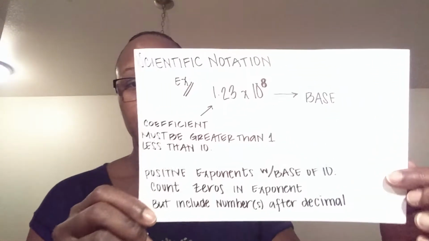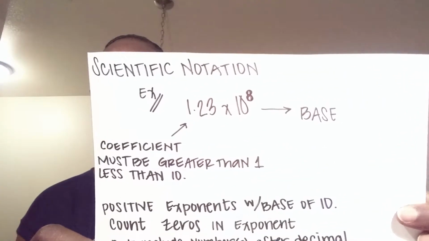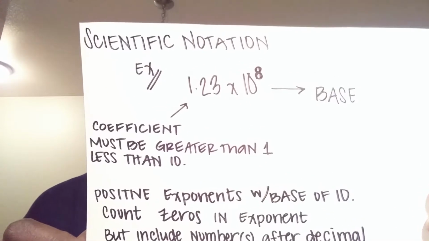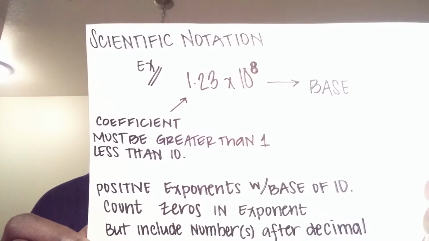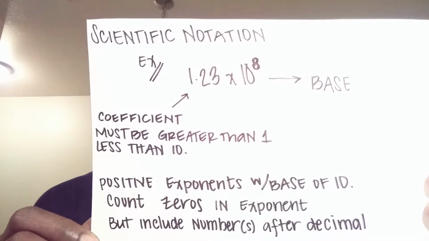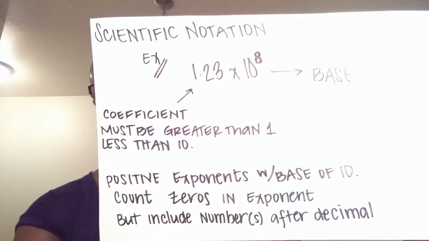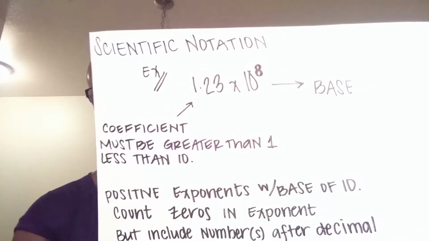So first, what I'm going to start with, guys, is scientific notation. Scientific notation looks like a standard equation, but it's really not. It's a way for scientists to shorten long numbers with a bunch of zeros.